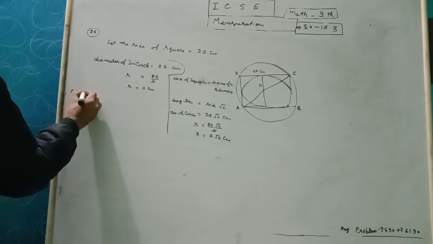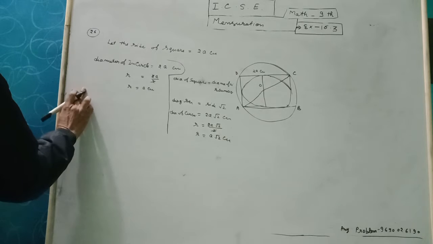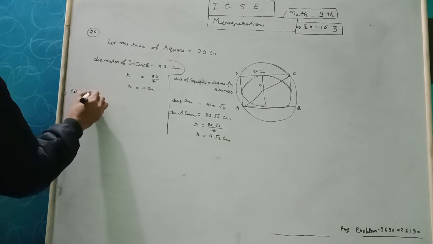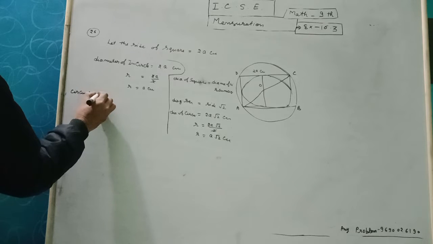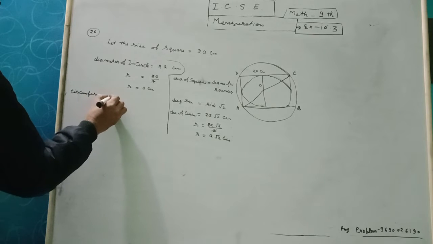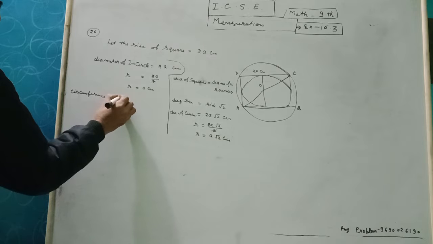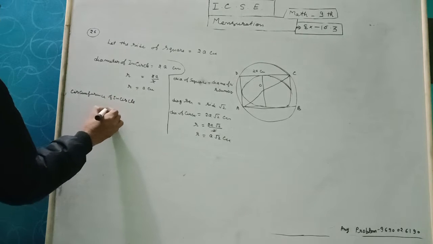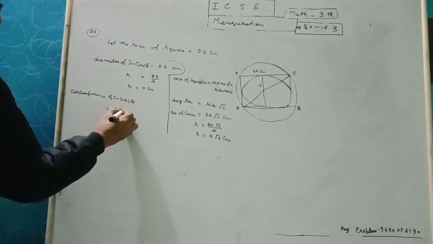Circumference of the incircle. The circumference formula is 2 pi r.